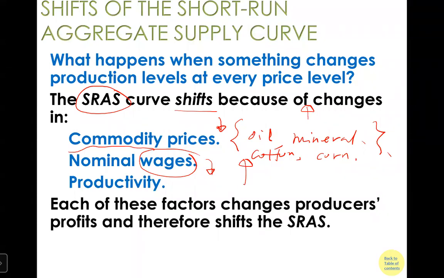If your productivity increases, you can produce more with given resources, and then your profitability will increase. And then the aggregate supply will increase. So those are the factors that can cause the aggregate supply to shift to the left or to the right.